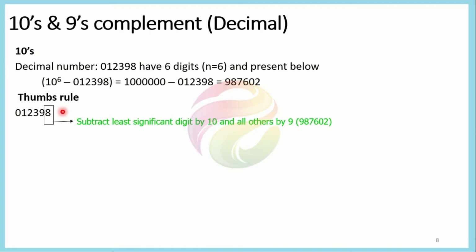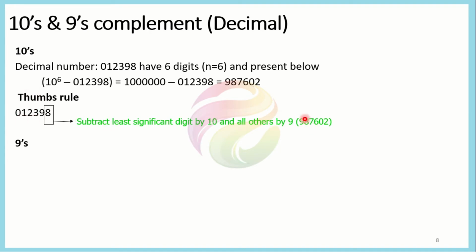So if you look at this, 10 minus 8 will result in 2. We will get 2 here. Then all other digits are subtracted from 9. So 9 minus 9 will result in 0. Then 9 minus 3 will result in 6. Then 9 minus 2 will result in 7.